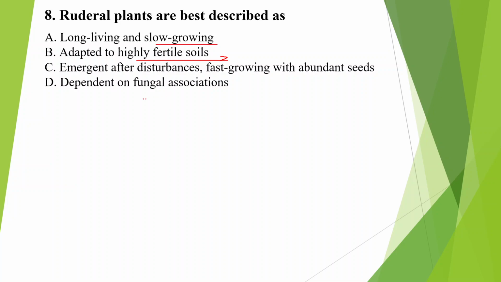So you can now differentiate some of the options you can discard. Then you can answer out of the four options which is the most appropriate answer for this question number 8. So all of you, let's see.